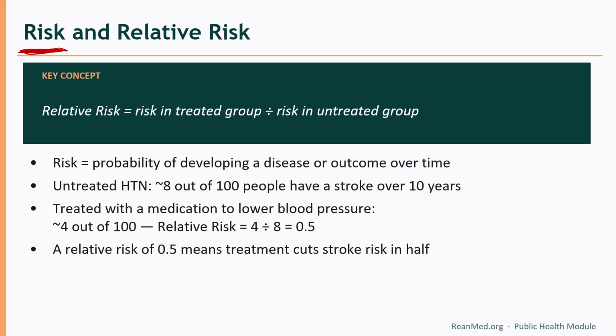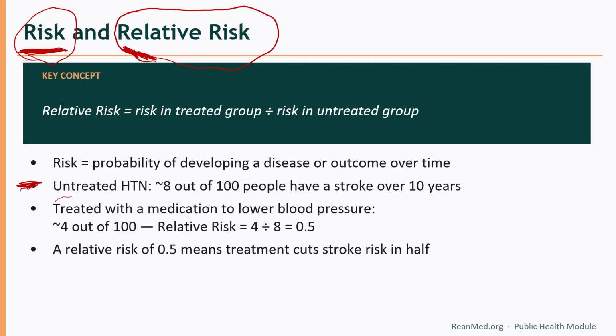And so these statistics of risk and relative risk can help us to understand the relationship between high blood pressure and stroke, and how much taking a medication will help. So, for example, let's start right here.